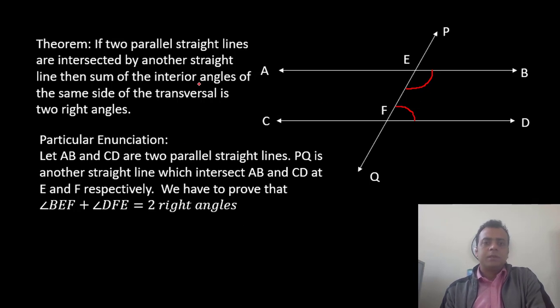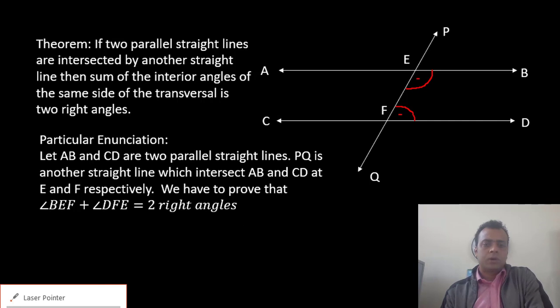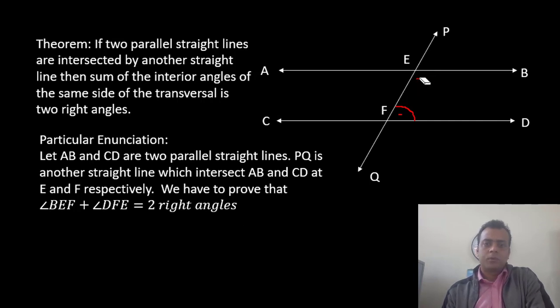So the statement says that if you take the sum of these two angles, then the result will be two right angles, that is 180 degrees. So now we are going to watch what happens in the proof, how to prove this statement.